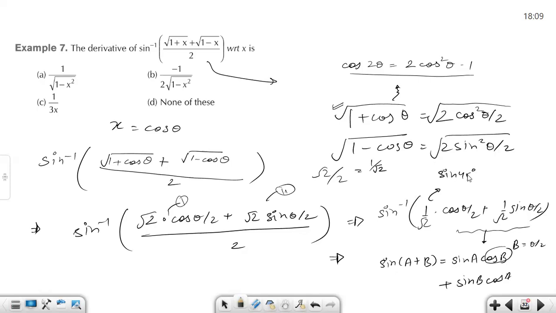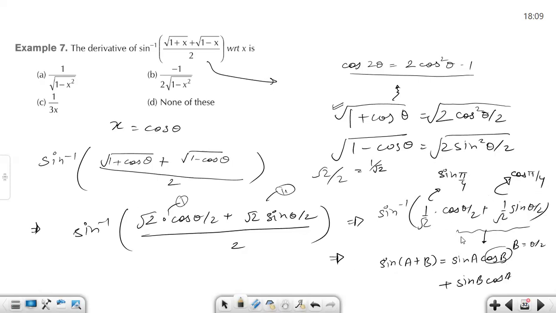What is sine 45 in radians? It is pi by 4. And 1 by root 2 we can also write in the form of cosine, so we write cos pi by 4 here.